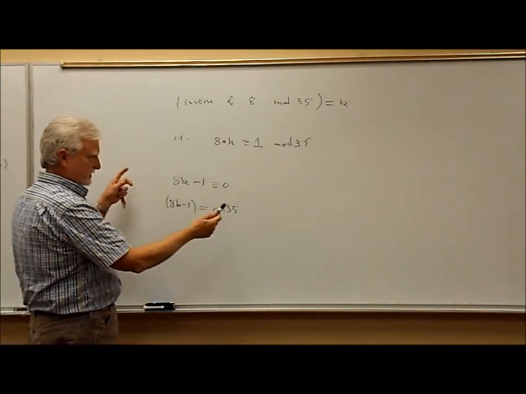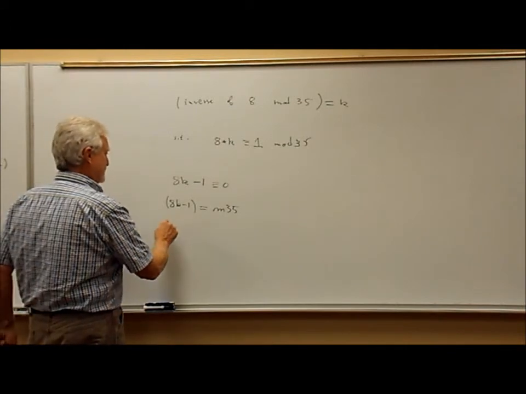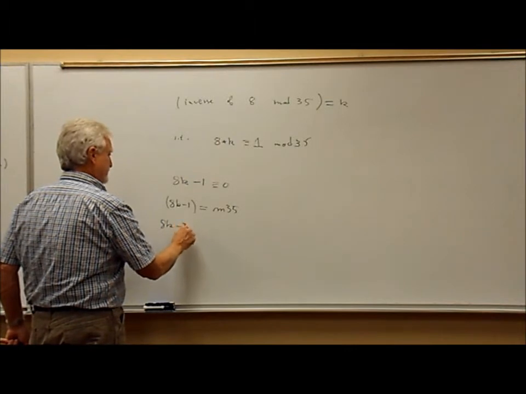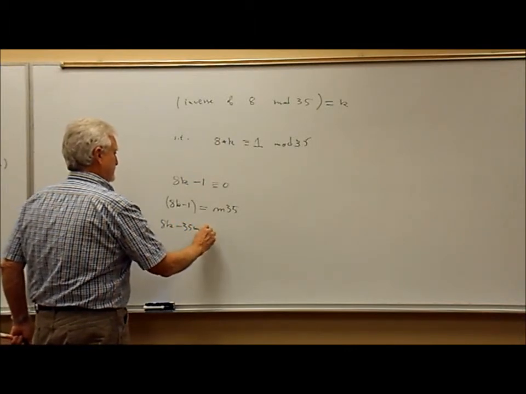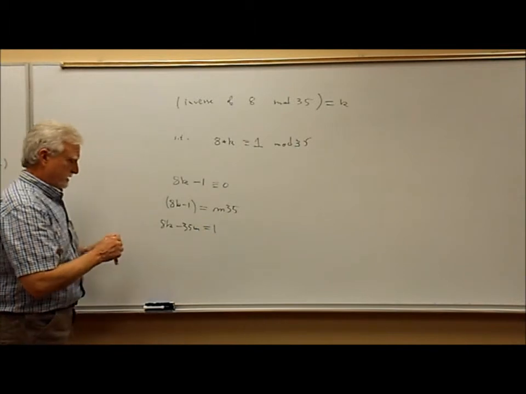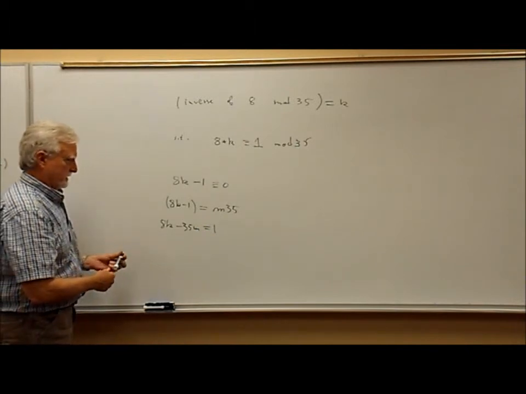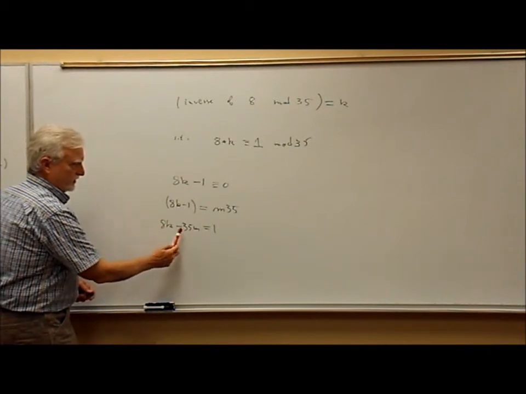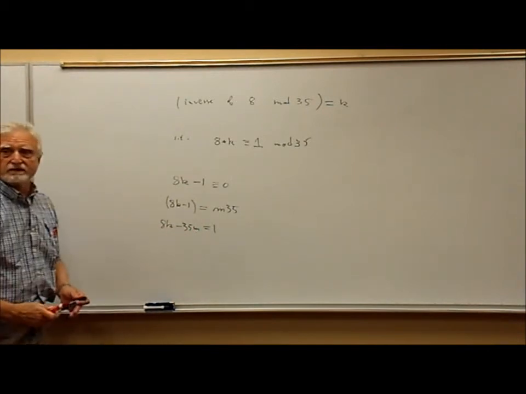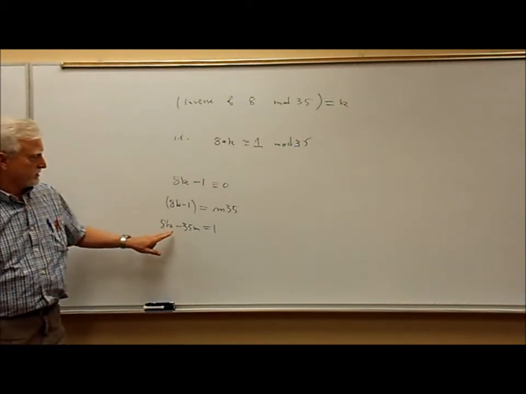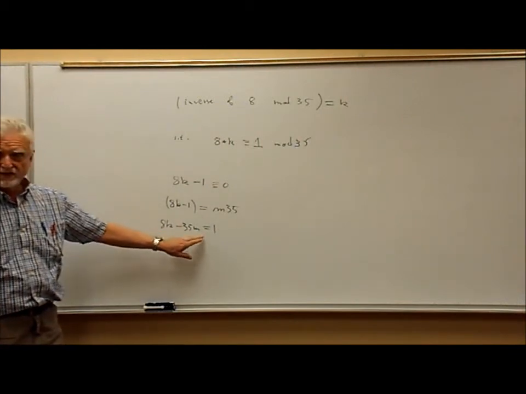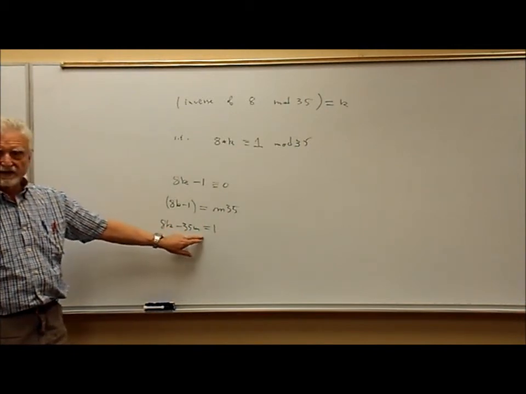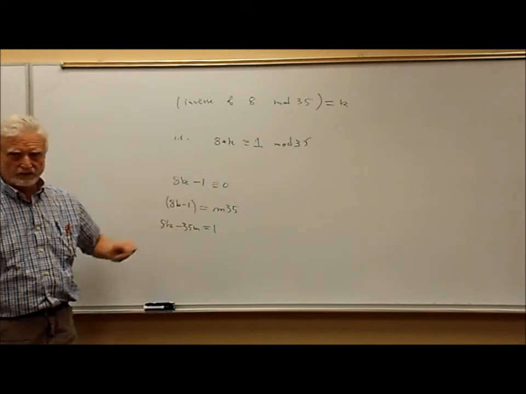So doing some equation manipulation on that, you get 8k minus 35m equals 1. And you see, you need to find your Euclidean numbers k and minus m, such that 8k plus 35 times minus m is equal to 1.